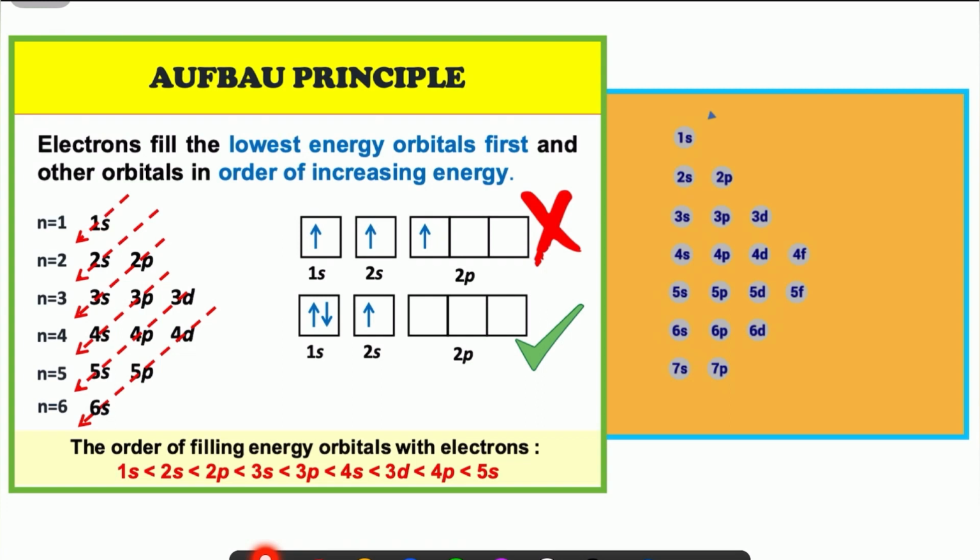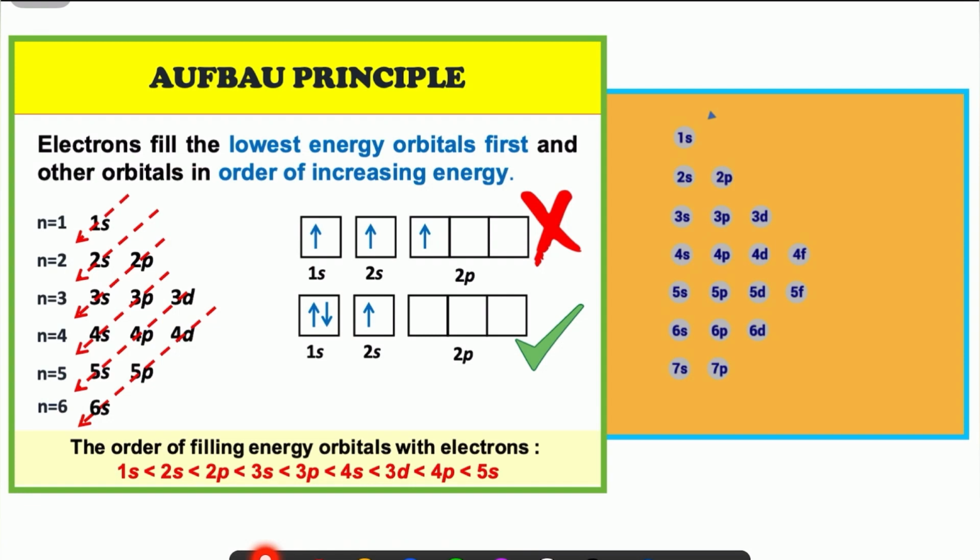And referring to this diagram, you can see that the orbital with the lowest energy is 1s. So 1s has lower energy than 2s, 2p, 3s, 3p, but here you can see that for the 4s and 3d, the 4s is lower compared to the 3d.